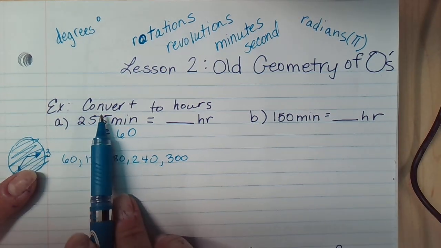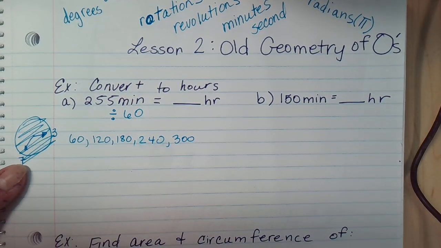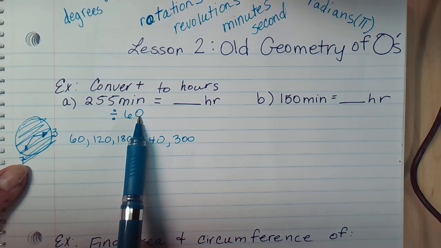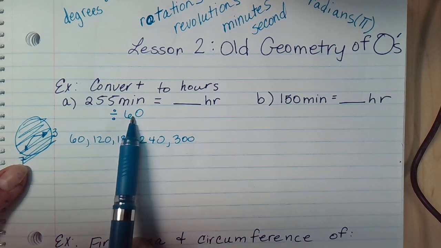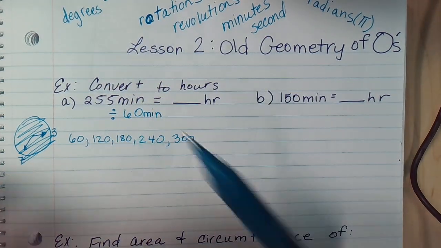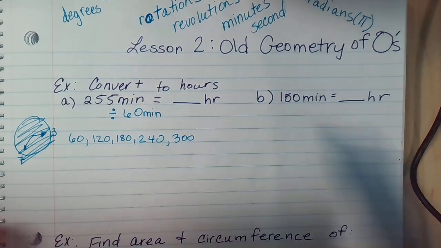If I want to convert 255 minutes to a certain amount of hours, I know that there's 60 minutes in an hour. So if I divide by 60, I want to know what it is, and then I have to turn it into a mixed number.